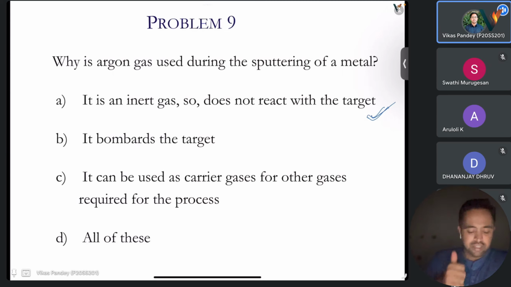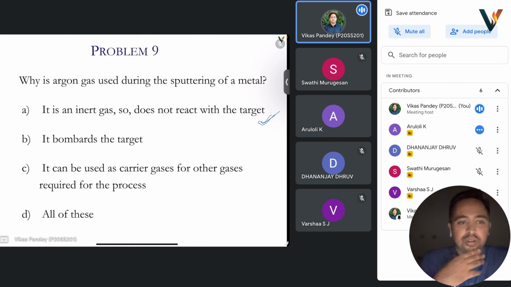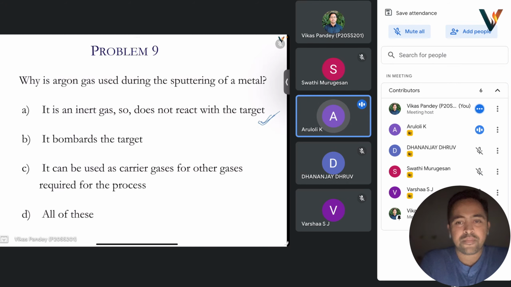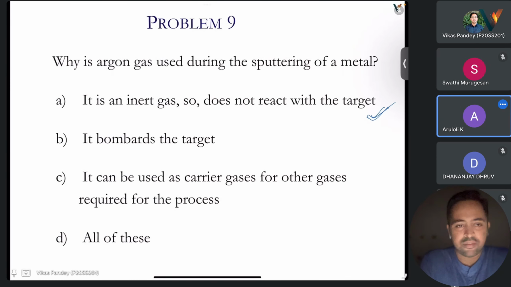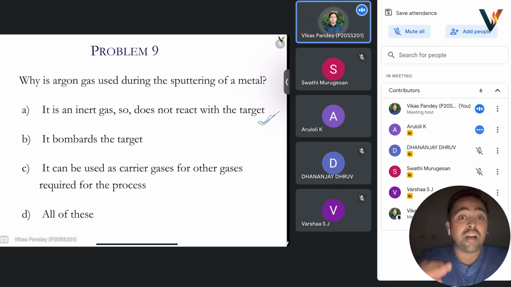Like A should be correct, right? Yes, sir. And what about B and C? I think B is also correct, sir. It bombards the target. Okay. So if it is like that, why are we not going for some other gas? It is an inert gas, that's fine. Even nitrogen can be considered a bit inert. There are other inert gases, xenon, radon, a lot of them. So why argon?